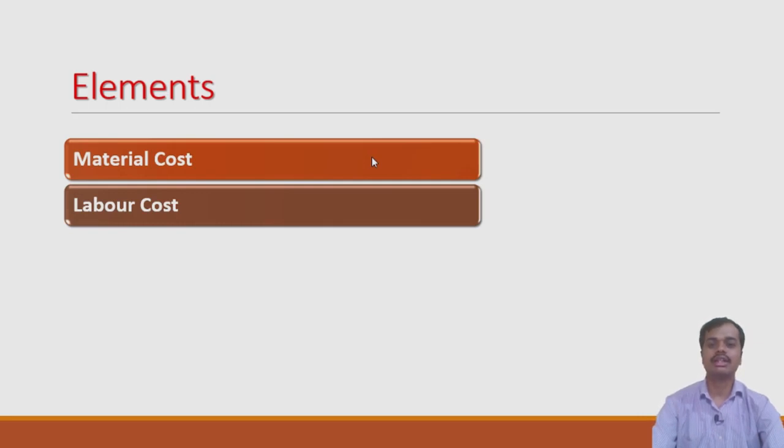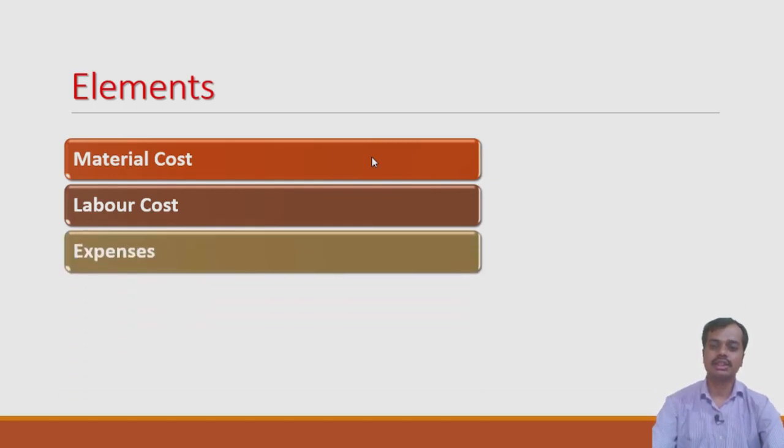Here, salaries and wages include all the benefits like provident fund, gratuity, overtime, incentives, etc. Next is expenses. Expenses are other than material cost or labor cost which are involved in an activity. Those costs which are not included in material cost or labor cost are categorized under these expenses.